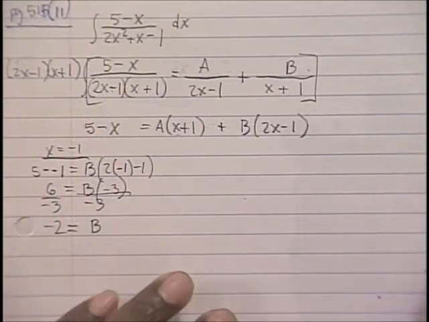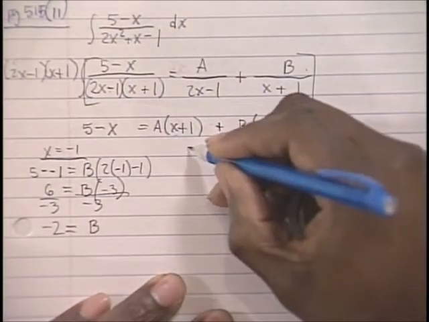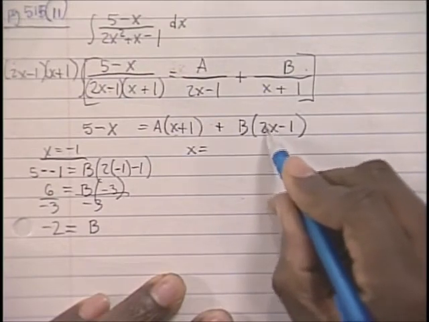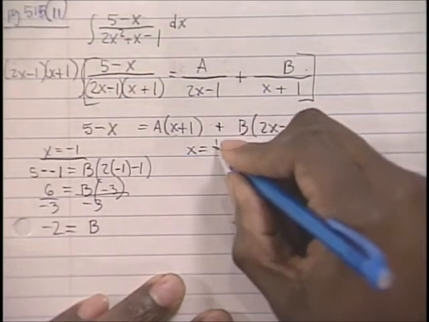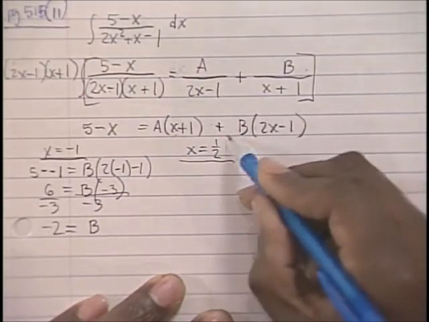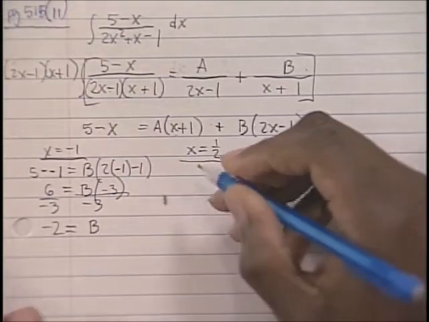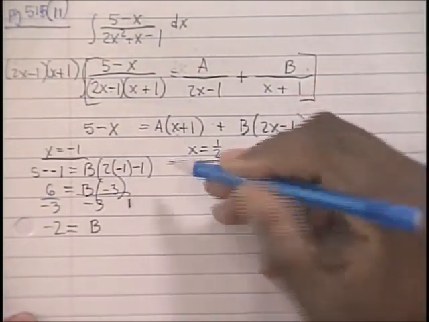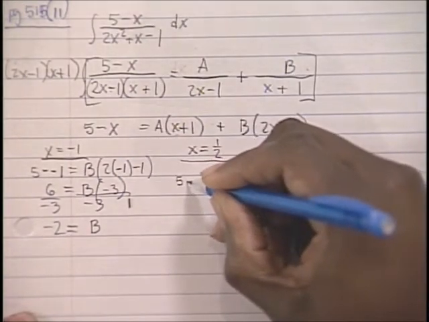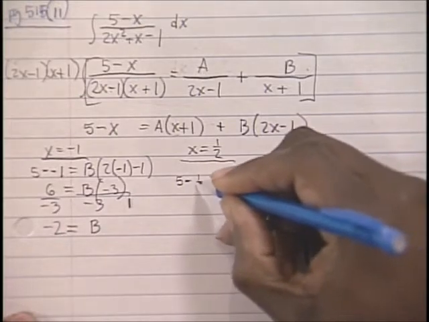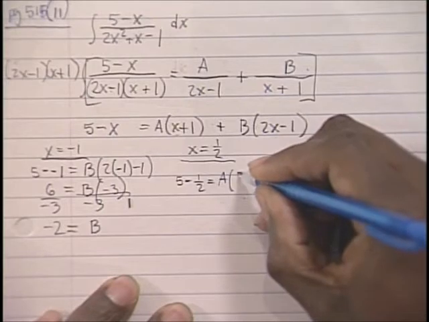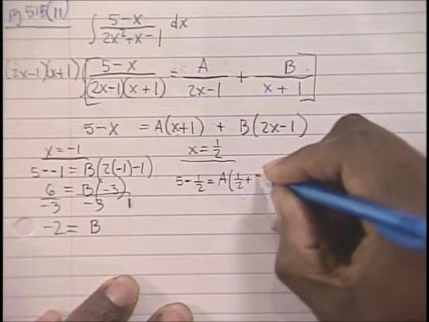All right. So now let's make x equal to, let's say, one half. Hopefully you see why we're strategically choosing x equal to one half. If you put one half here, that'll cancel all that out. The B will go away. So now what we have is 5 minus one half is equal to A times one half plus 1.